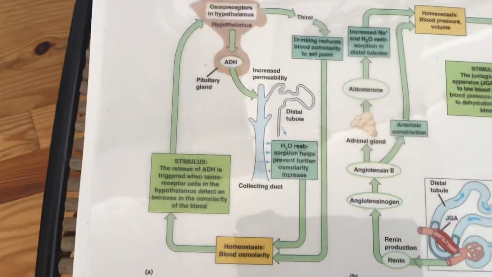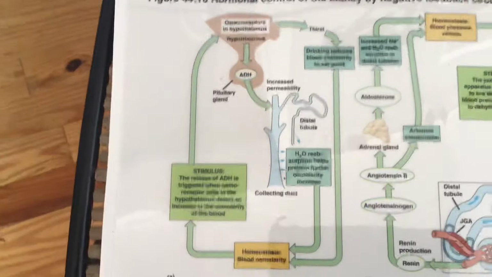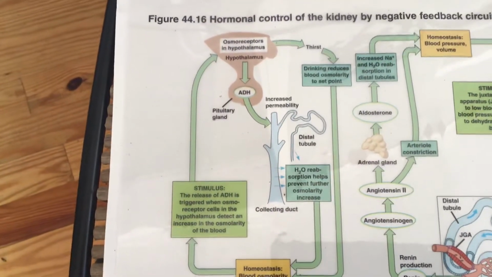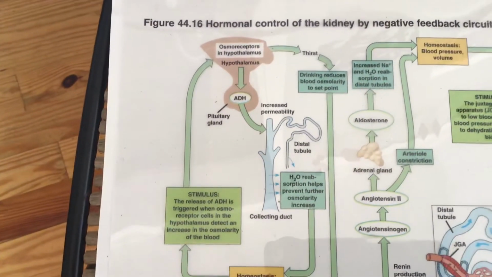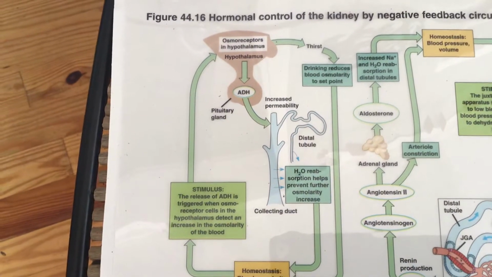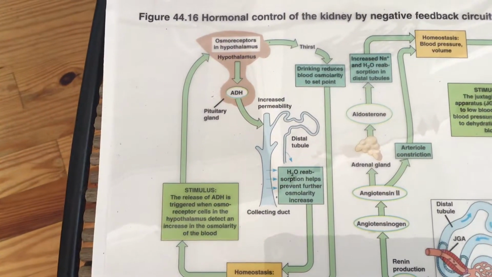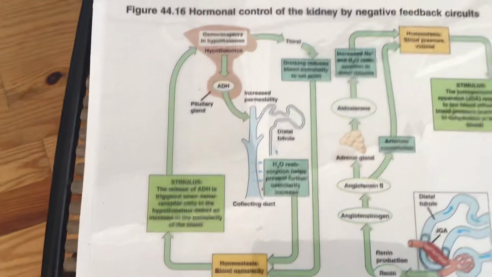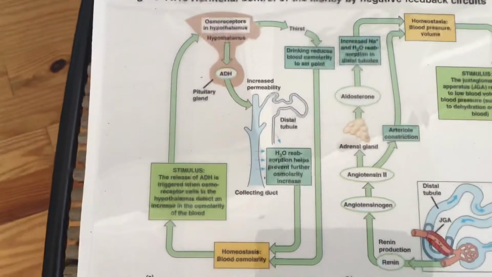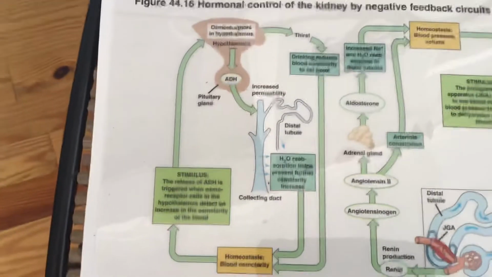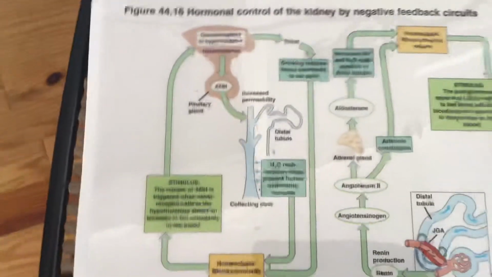Likewise, if you got too much water in there, then ADH would go way down, and then the permeability in the collecting duct would go down, and you'd absorb less water. So that's how that works. By the way, alcohol or caffeine interfere with this because they inhibit ADH.